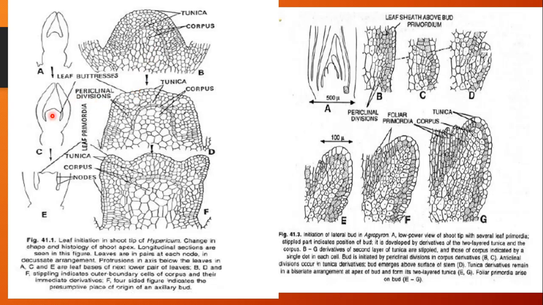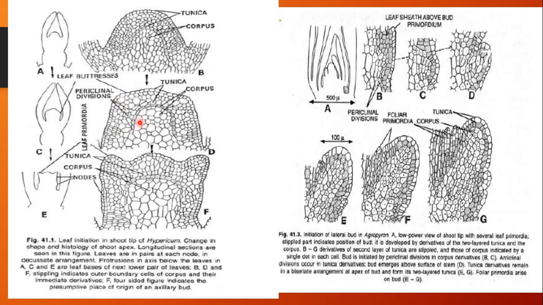Here we have B and this particular one is C. The periclinal divisions are taking place, and due to these periclinal divisions the leaf buttresses will appear in this particular area.